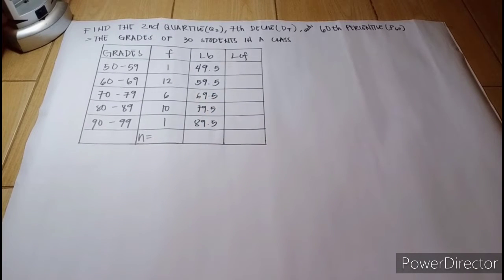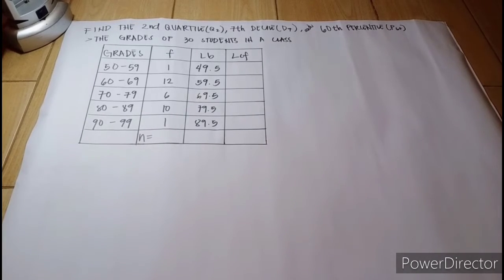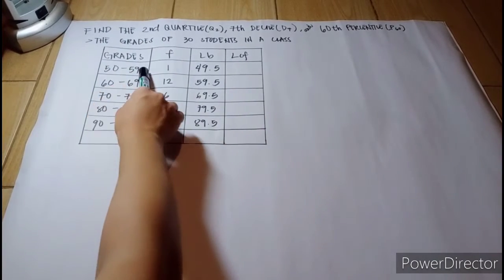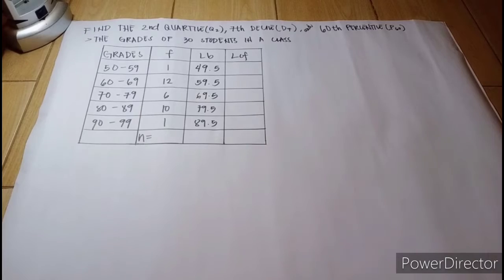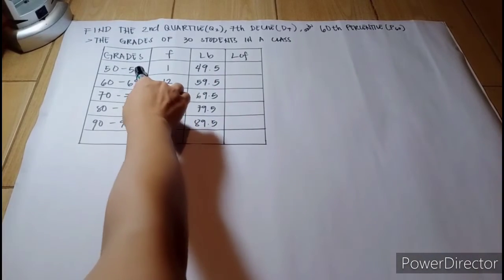After we get all of the lower boundaries, we need to find the CF, or less than cumulative frequency. Since our lowest grade is 50 to 59, this is our starting point.